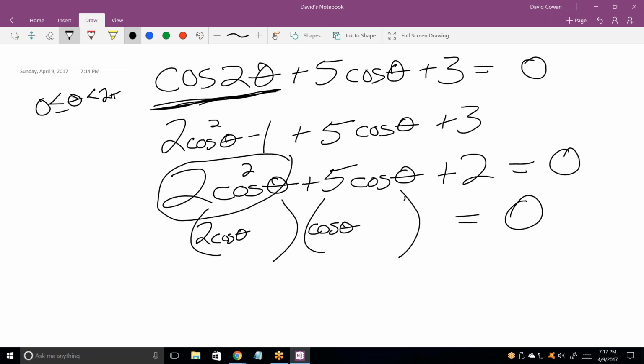What are both signs going to be? Positive. What are my factors of 2? 2 and 1. Clearly the 2's got to go there, the 1's got to go there.